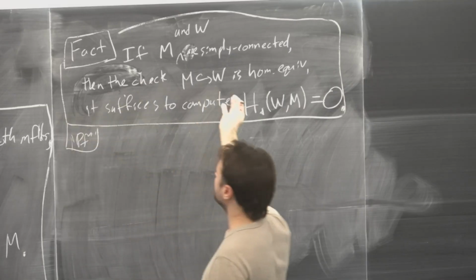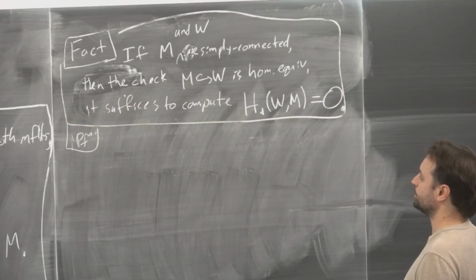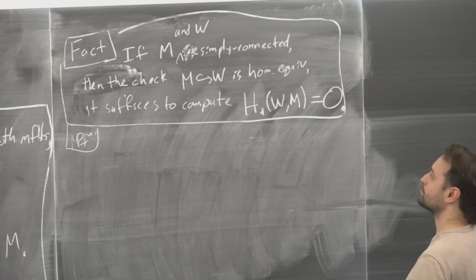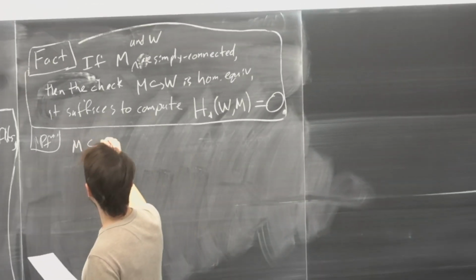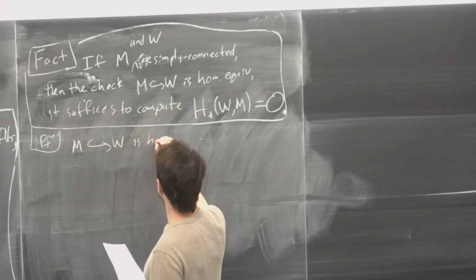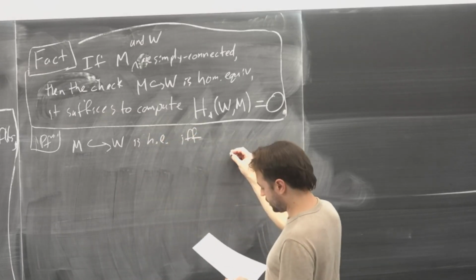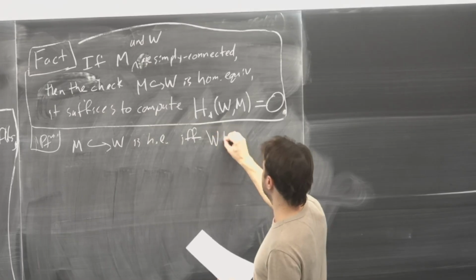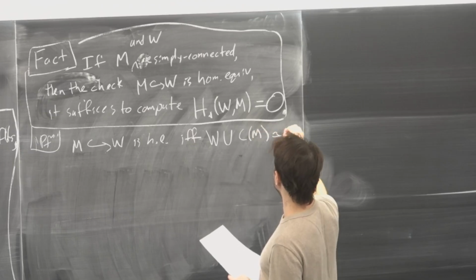Because M and W are manifolds, we're going to see later, in fact, that manifolds admit CW structures, so we can just treat them as if they're CW complexes. So we have M embedding into W is a homotopy equivalence if and only if the mapping cone, W union the cone on M, is contractible.